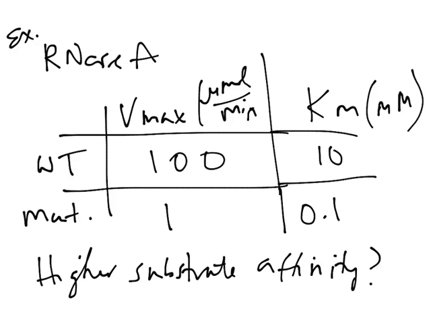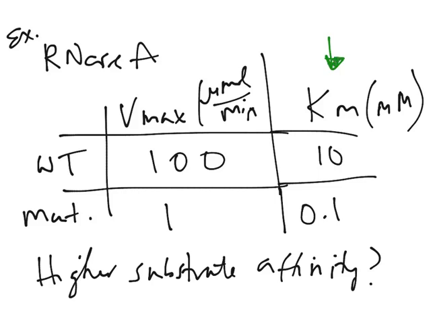I would encourage you to pause this lecture video and think about it and come up with your own answer before you hear me explain it. Okay, so now I assume you're back and you've thought about this. I want to think about which enzyme, the wild type or the mutant, has the higher substrate affinity. The first thing I say is it's Km that I want to think about for that, not Vmax.